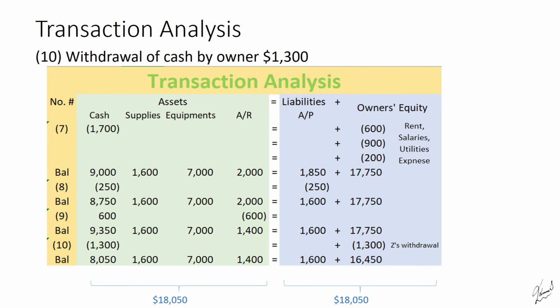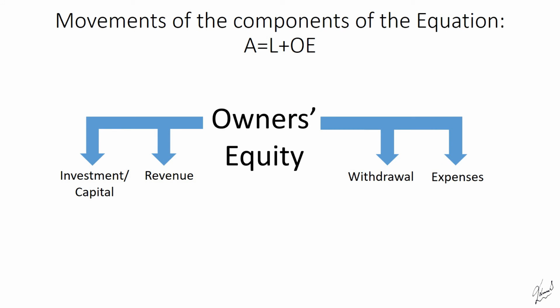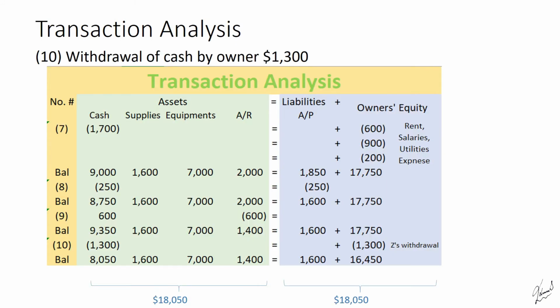Withdrawal of cash by owner, and the amount is 1300. So cash is involved, and because it is withdrawal, the owner is taking cash from the organization. So cash is going to be decreased, and at the same time withdrawal is going to increase. And we know withdrawal is part of owner's equity, and when withdrawal is increased, owner's equity is decreased.